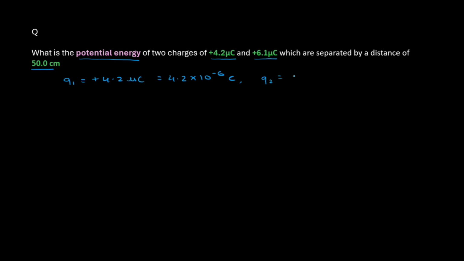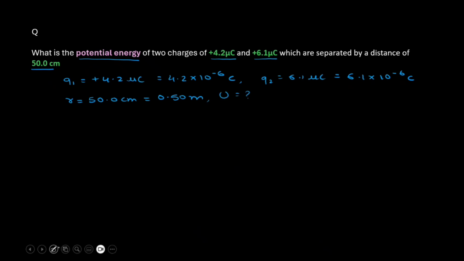Q2 will be 6.1 microcoulomb, which is 6.1 times 10 to the power negative 6 coulomb. And the distance between them is 50 centimeter, which is equal to 0.50 meter. And I need to find the potential energy of the two charges.